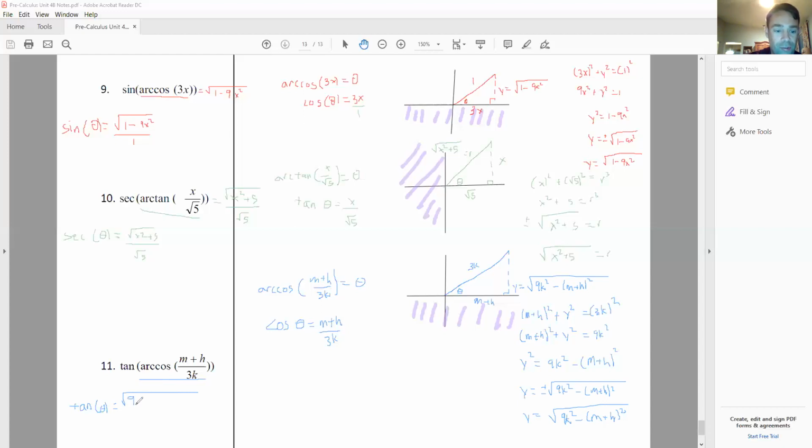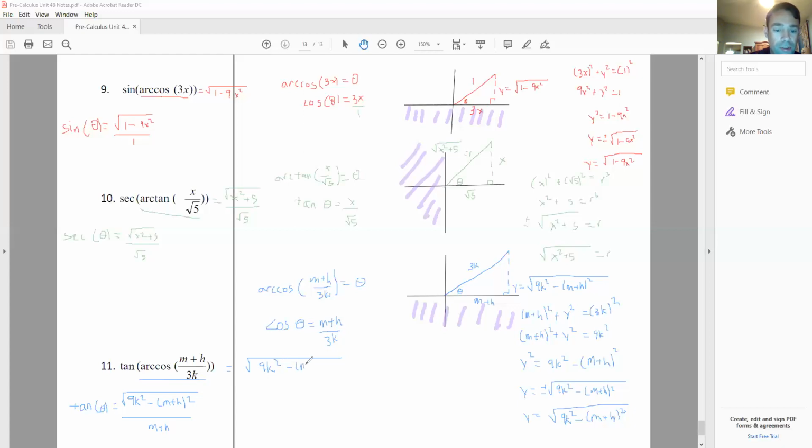So the square root of 9k squared minus m plus h squared, that's my tangent, over my adjacent, which was m plus h. And I really don't need to write this again, but I'll put it up over here just to make sure we know that it's part of the whole thing.